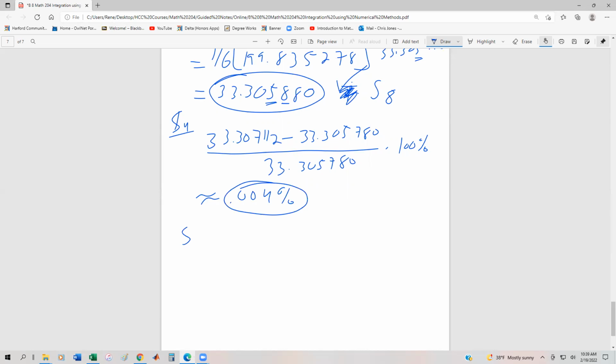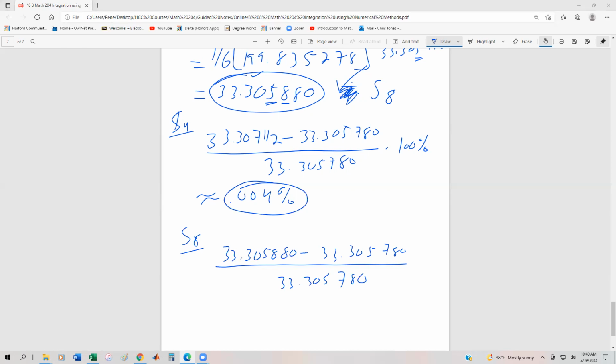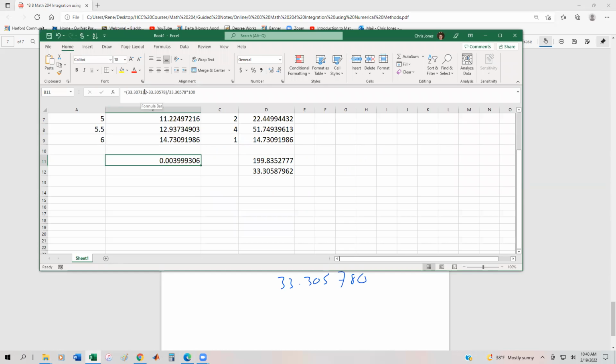Now for S8, we're just going to change the first number to this animal right here. All right, so that's going to be for S8 error, it's going to be 33.305880 minus 33.305780 divided by 33.305780. And I'm just going to use Excel one last time. And I'm just going to change the first number.